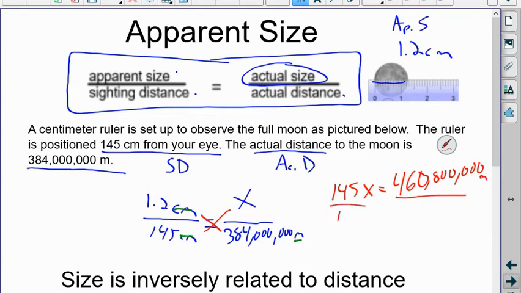Divide both sides by 145. X equals, and I'm going to round this off big time, 3,180,000 meters. Hopefully you remember back to that, and those make sense. Again, you'll be given the formula, and you have to be given 3 out of the 4 in order to complete it.